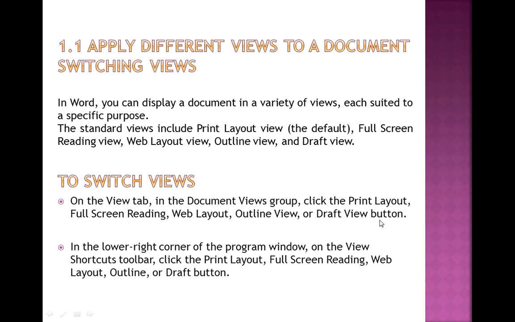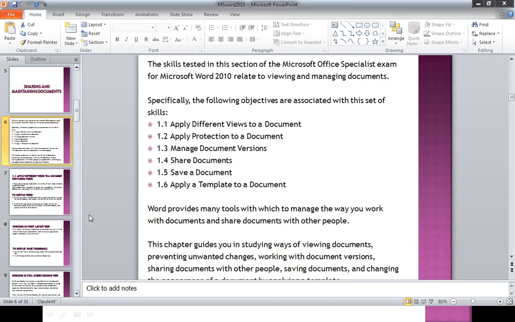Click any view and you can show that view on the screen. Or, in the lower right corner of the program window on the view shortcut toolbar, click the print layout, full screen, web layout, outline or draft button. Either I can use the first option or the second option. Now let's see in a practical way.